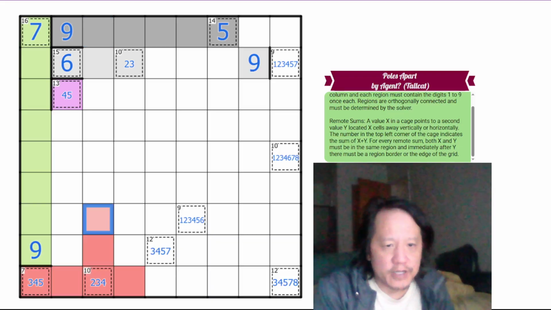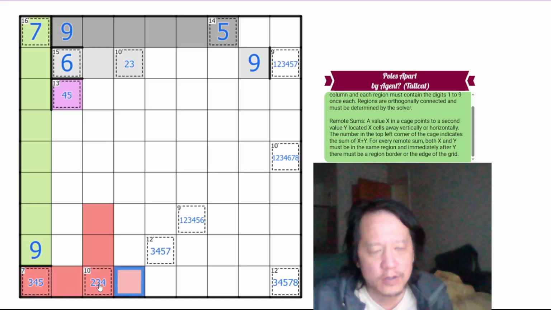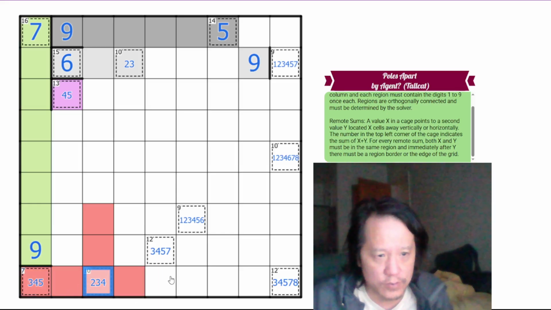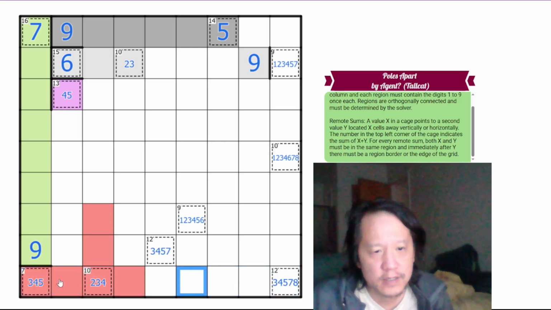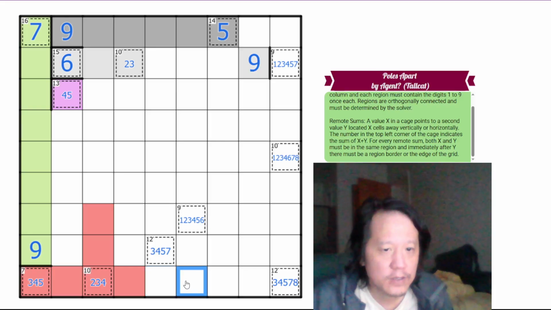Could be 2 and 8, 3. So if this is a 3, 4 pair, that forces this to be a 2, which means we cannot have 2 in the rest of row 9, because either this is 5 and 2, 1, 2, 3, 4, 5 away, which would force this to be 3 or 4, or this is 2 away.